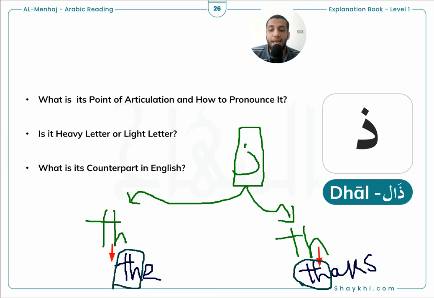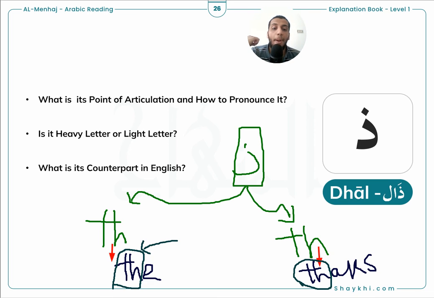For sure it's the th of the word "the", the first one, the definite article. So the counterpart of letter Dhāl is th, but th as in the word "the".